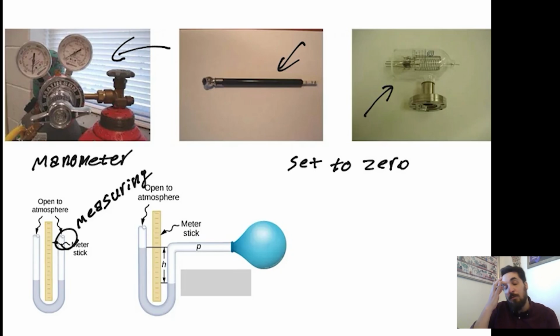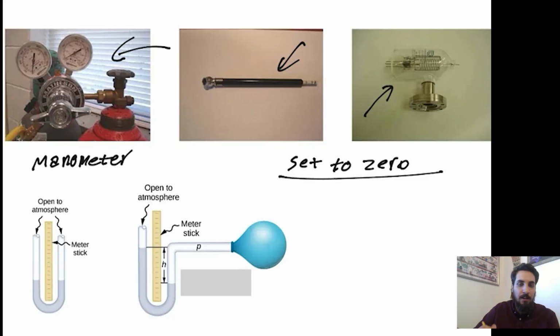That is the side that we will measure with. And then the other side is going to just be open to the atmosphere. And we set it to 0 when both sides are open to the atmosphere. And this is going to be the case for really any measuring device, even these car tire pressure gauges. When it's at 0, it's because the side that we put into the car is open to the atmosphere.